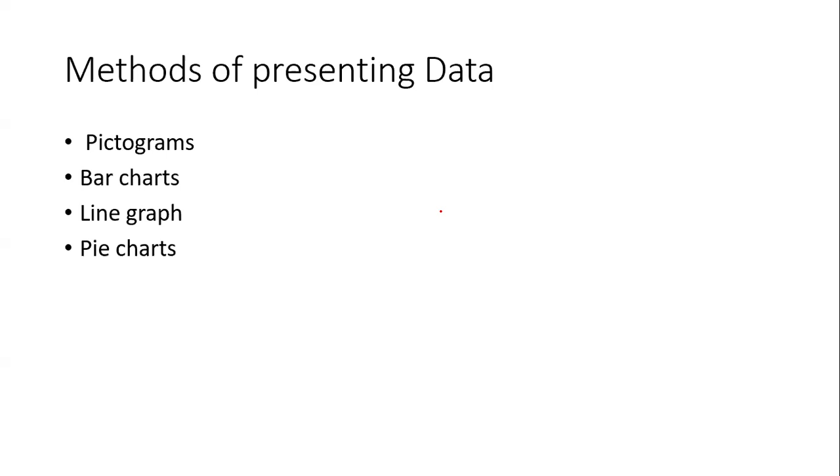Bar charts are graphical representations used to display and compare discrete categories of data through rectangular bars. Then line graphs are unique graphs which are commonly used in statistics. They represent the change in a quantity with respect to another quantity. That's what I've searched, except for the pie charts. Okay, thank you. That is good research.